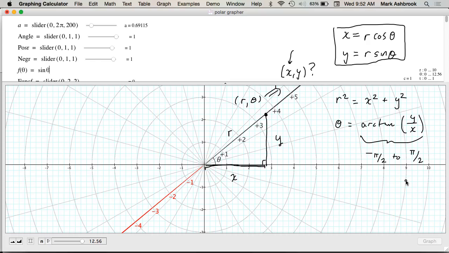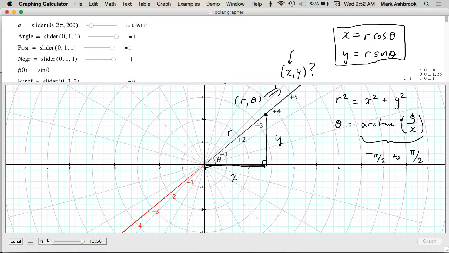You should have learned that in pre-calc. All about arctangent and how from arctangent you only get an angle measure between negative pi over 2 and pi over 2. And then there are adjustments that have to be made if your angle is outside of that range, right? If your angle is in the second quadrant or the third quadrant, you need to use arctangent and adjust it to get the angle that you want. So I don't have time to go through that.